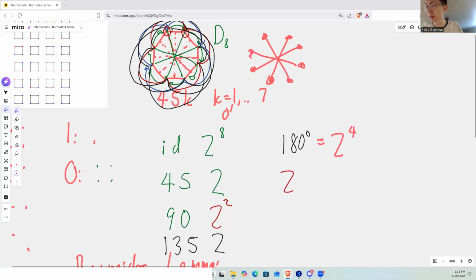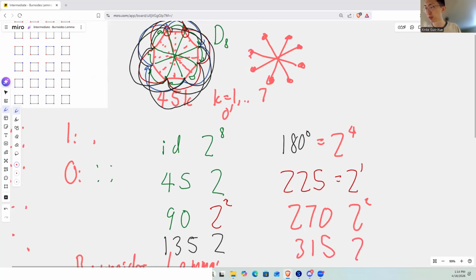Now 225 is the same as 135, but in the other direction, so this is also 2. 270 is the same as 90 degrees, so this is also 2 squared. And 315 is the same as 45, so this is also 2 to the 1st.